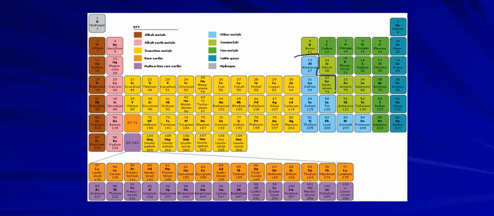Starts up here. If it's on the stair step, it's a metalloid, except for aluminum. Aluminum is on the stair step, but it's a metal. So boron is a metalloid, silicon, germanium, arsenic, antimony, tellurium. Polonium is a metal, and astatine would also be considered a metalloid. So those are your metalloids. It has to be right on the stair step in order to be considered a metalloid.